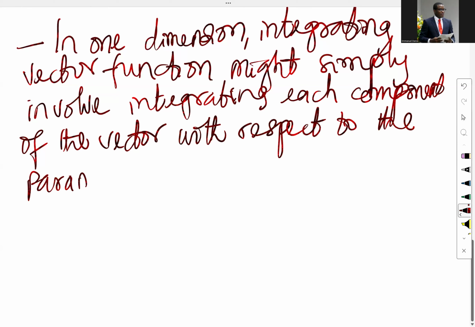So this is more or less like the normal thing we know in normal integration, except that here we are talking about vectors, right?